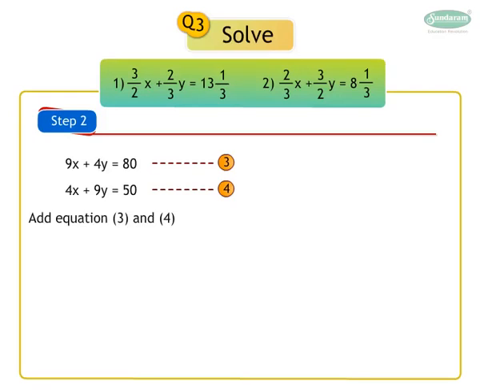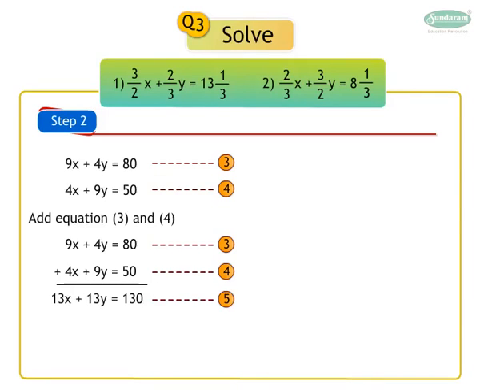Now we add equation 3 and equation 4. 9x + 4y = 80 plus 4x + 9y = 50. We get 13x + 13y = 130. By dividing by 13, we get, therefore, x + y = 10. We call this equation 6.